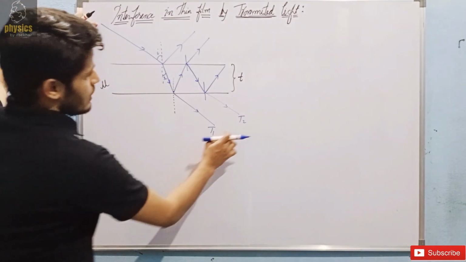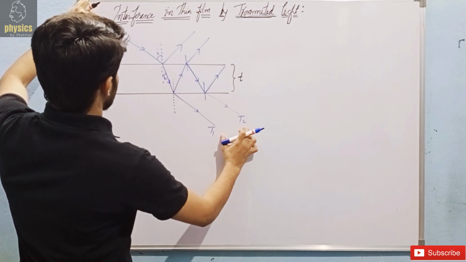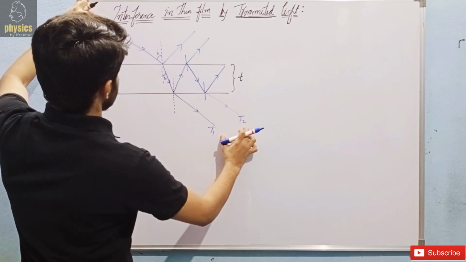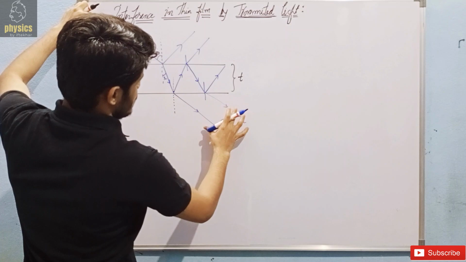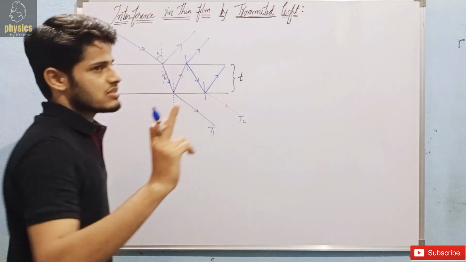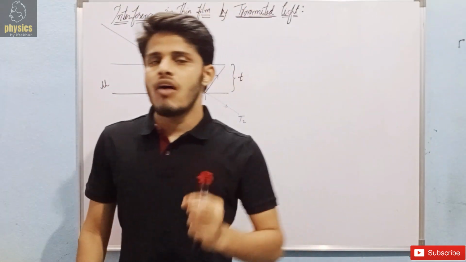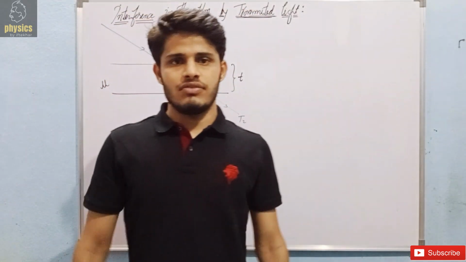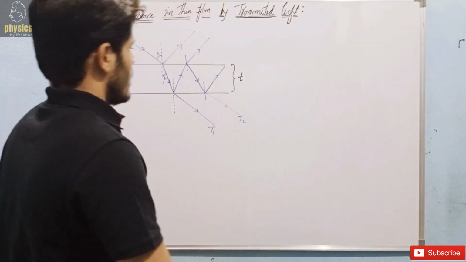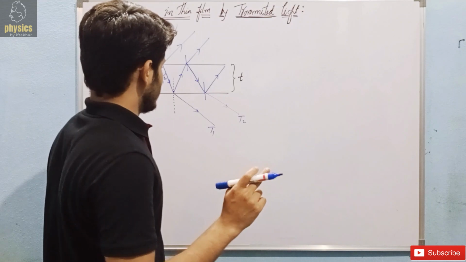These two light rays are coming from a single source. There is only a single monochromatic source from which these light rays are coming. So it is sure that these two light rays will have the same frequency, the same wavelength, and some constant phase difference between them. But there is a difference. What is that?